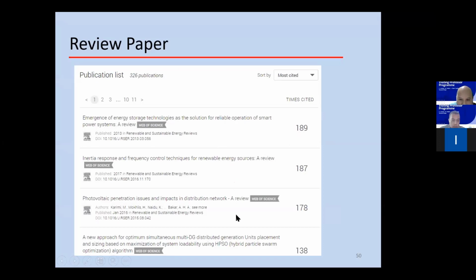And these are all review papers. So you can review, for example, smart grid, or the renewable energy situation in Indonesia. But you need to work in a team because the content is huge, so you need to plan the work in a team.